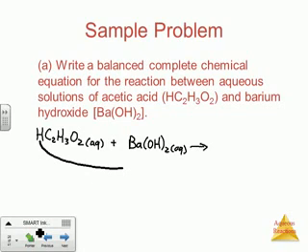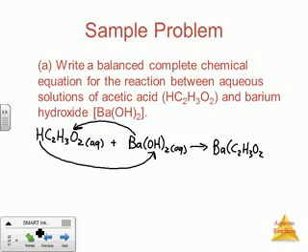The hydrogen is going to come over here with the hydroxide, and the barium is going to go with the acetate, and we're going to end up with Ba(C2H3O2)2, because acetate has a 1 minus charge, barium has a 2 plus. The reason you know that is because you know your polyatomic ions. And that's going to be plus H2O.